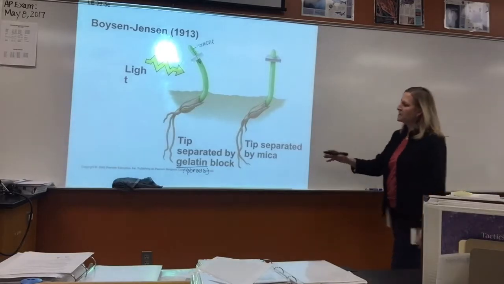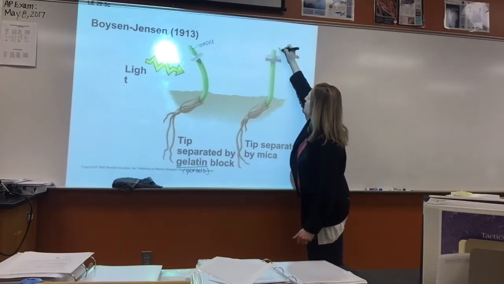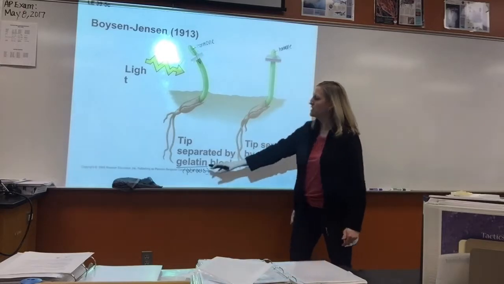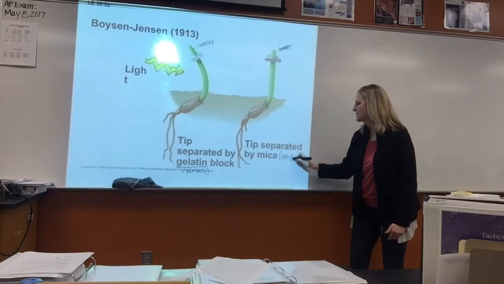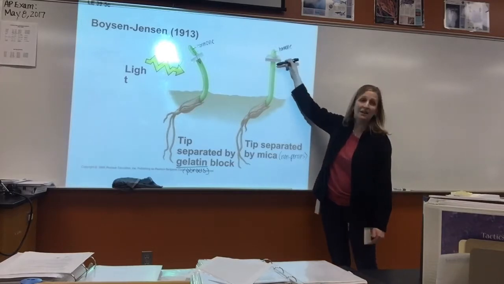Versus if he did the exact same thing, and here's the hormone produced by the tip of the plant here, if he did the exact same thing here, except instead of using a gelatin block, he used mica, which is non-porous. So therefore the hormone can't get through there.